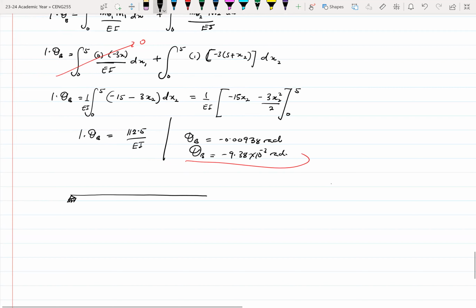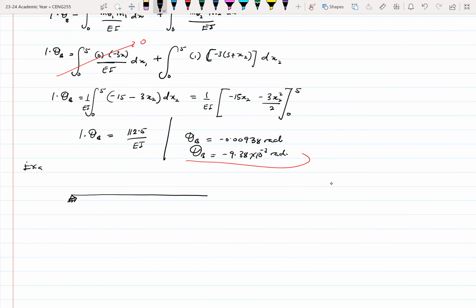So let's look at another example quickly. I think these examples should already be posted on the V campus. Yeah, I'm just going to go through them, but I have them already on the V campus.